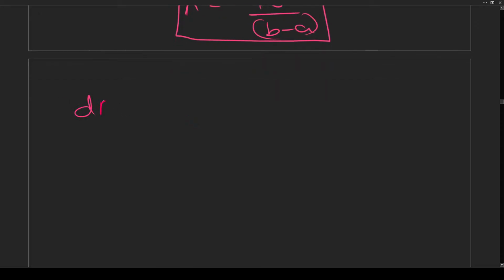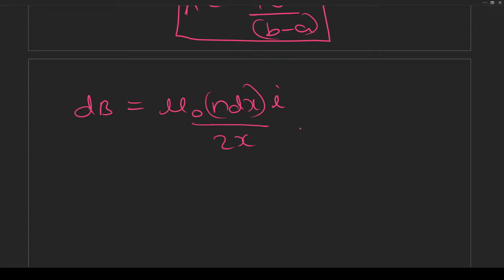The magnetic field at the center, dB, will become mu naught, this is due to a single ring, times n dx I by 2x.